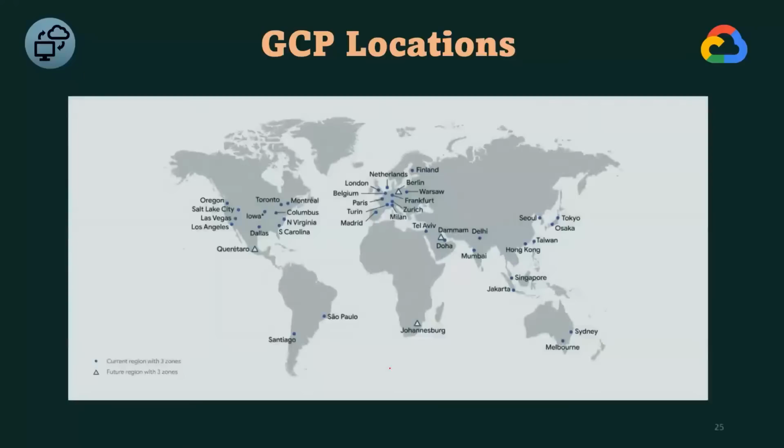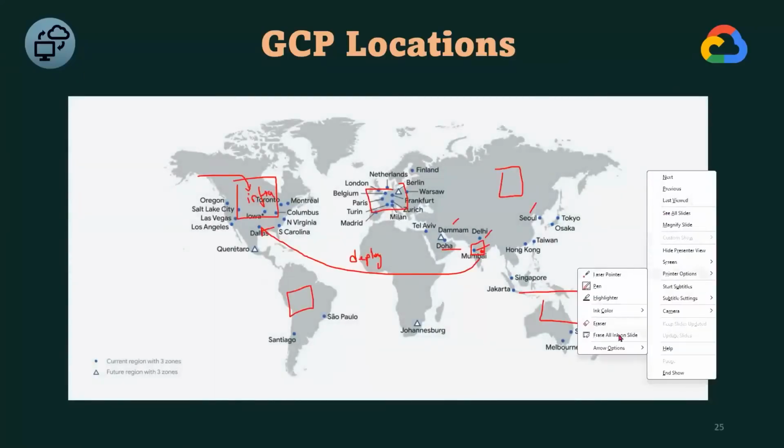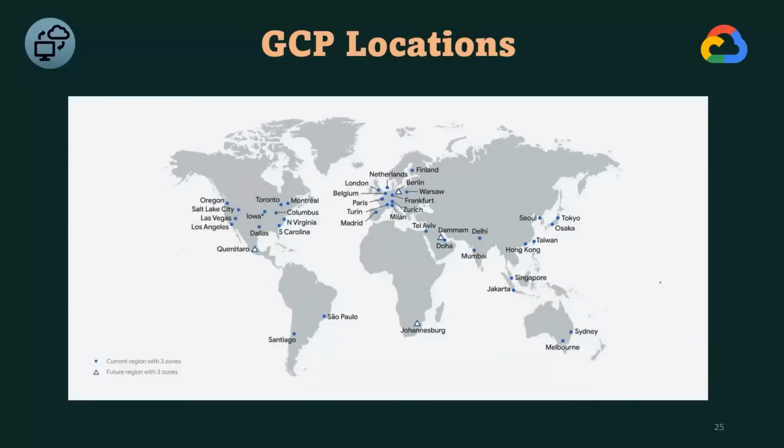So those are regions. These black color dots are regions.